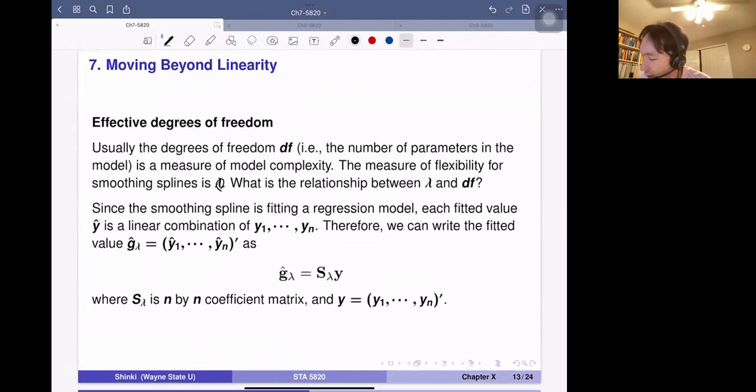So what is the relationship between lambda and the df? We define it this way. g hat of lambda is this one, and this is the fitted value for y1 to yn, but each of them is a linear combination of y1 to yn.